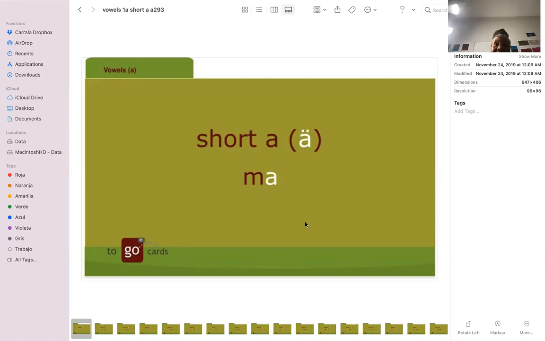Because a lot of words from English are from Latin, like ma, pizza, yahoo, mac, Java, Gasperi, lava. Notice how I'm pronouncing the A.